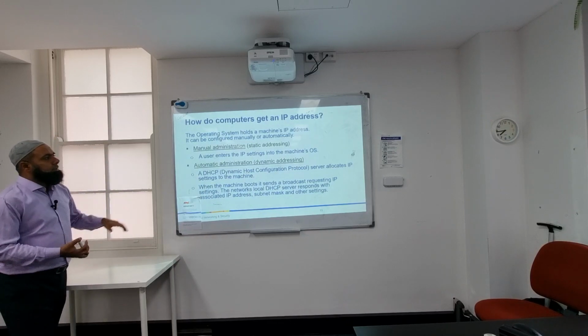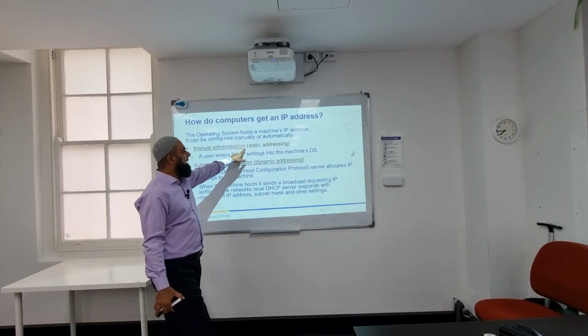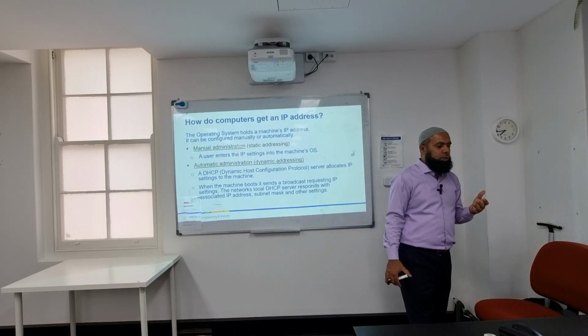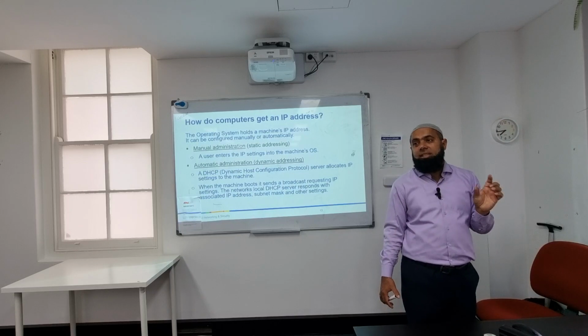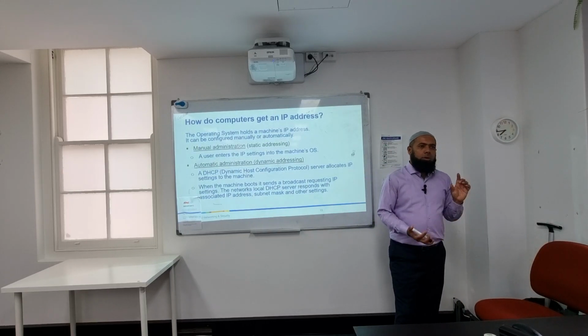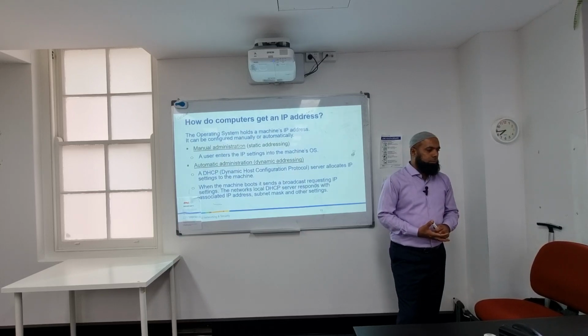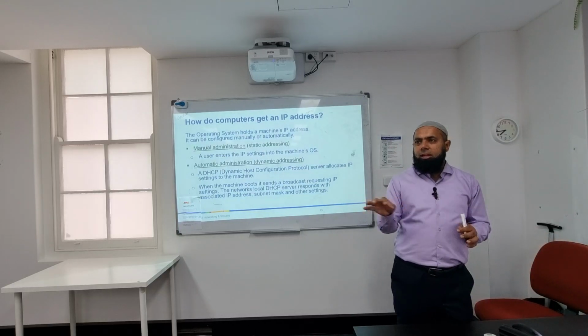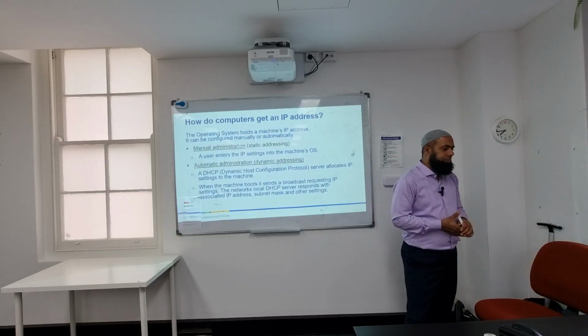Manual administration is static addressing. Static means you manually put it in and it does not change. You know that this is your IP address and only that IP address is allocated every time you are in the network. So as a user, we are able to put that IP address in by ourselves manually.